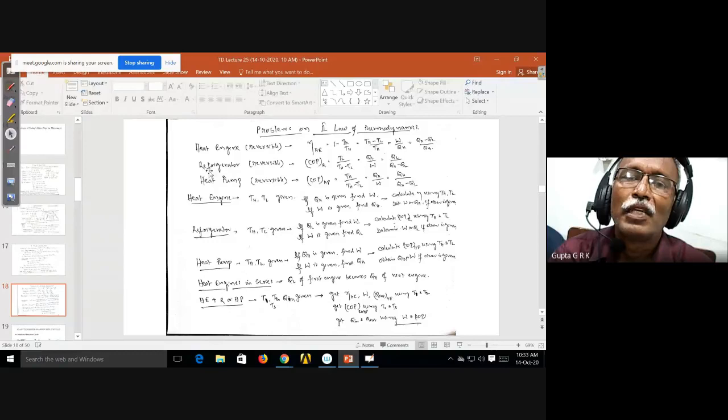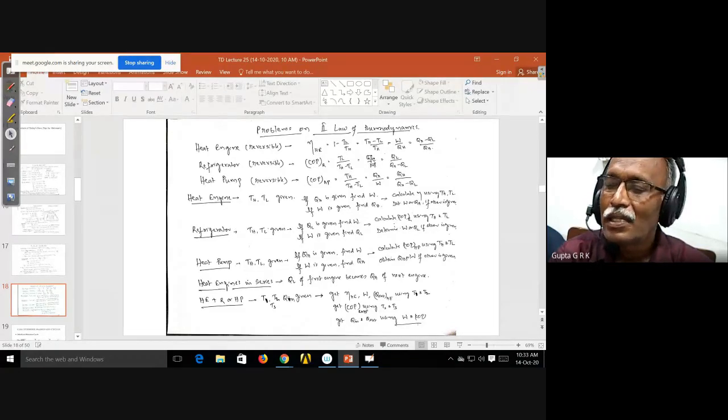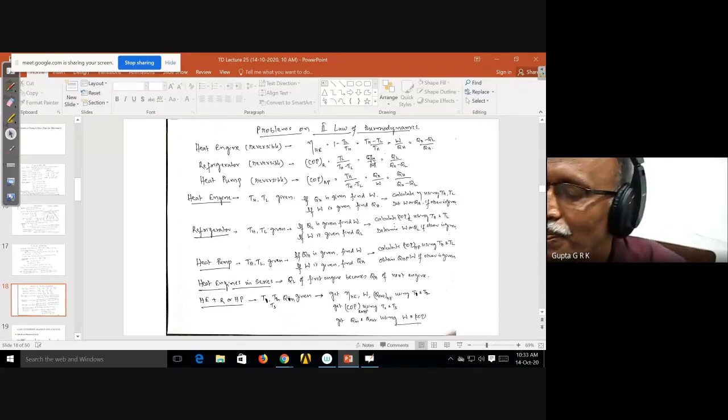And similarly, the COP of a reversible refrigerator is TL by TH minus TL, or QL by QH minus QL, or QL by W. Okay, so this is the way. Usually TL and TH will be given. First find out the COP, right? And here QL is called the refrigerating effect.